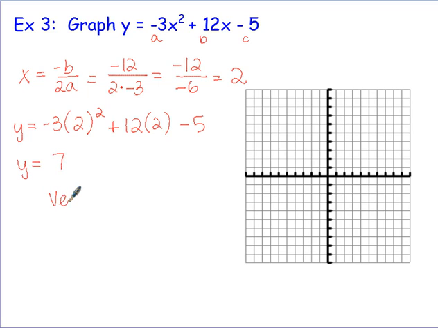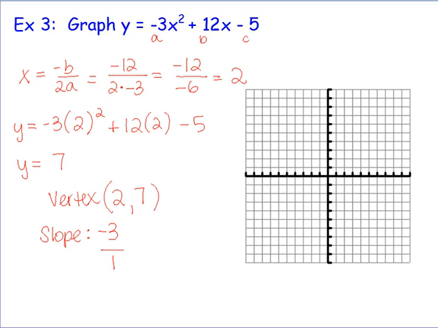So your vertex is 2, 7, and your slope, A was negative 3, so negative 3 over 1. Hopefully you had all of that information correct.